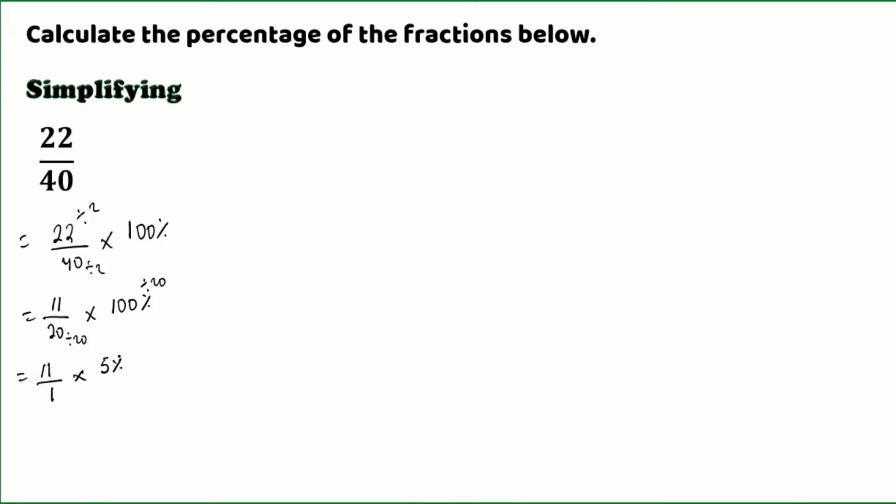And when I multiply 11 times 5%, this will give me 55%. Our 1 we can put back, or if you know the rule that when we have a denominator of 1, then you could skip that step and just go straight to our answer, which is 55%.